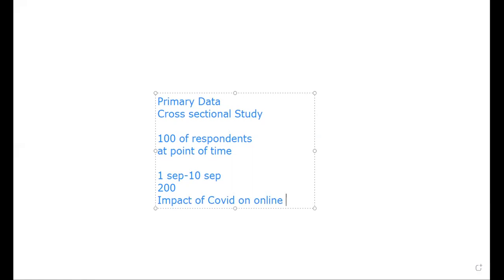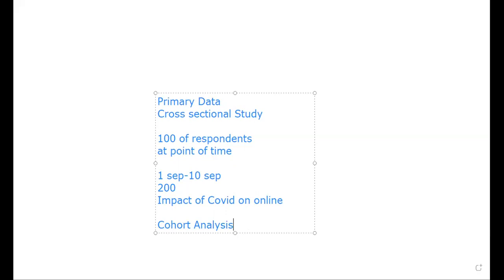And for this purpose, you adopt cohort analysis. Cross-sectional studies sample the population to make measurements at a specific point in time, for example, from 1st September to 10th September.